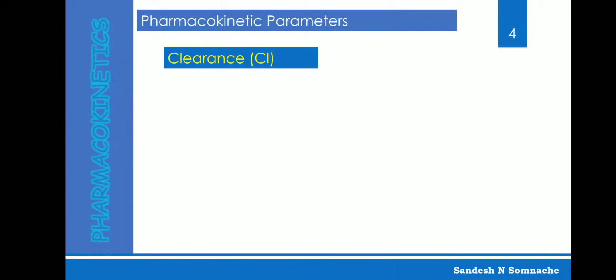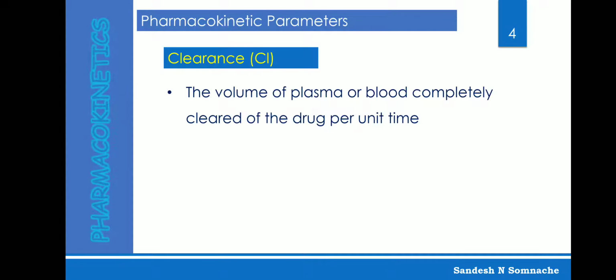Clearance is one of the important parameters, and can be defined as follows. It is the volume of plasma or blood which is completely cleared of the drug per unit time.